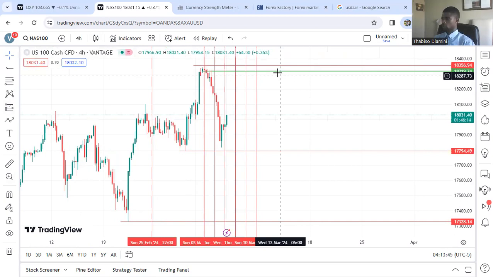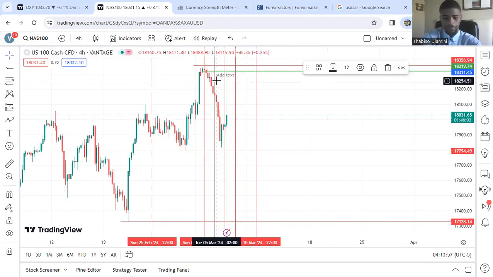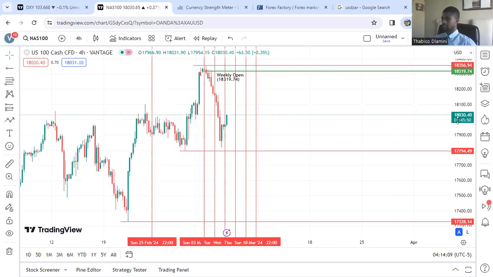But okay, we've seen the weekly open, so we need to just label it. This is our weekly open. We press the price, which is 18,319.74. This is what we are working with. And price now is at 18,000, and the weekly open is at 18,300.